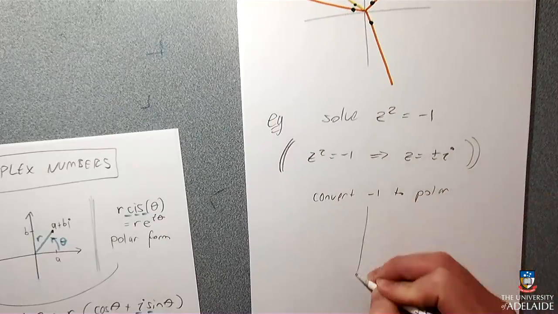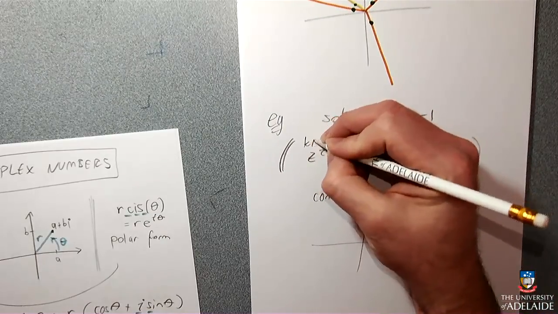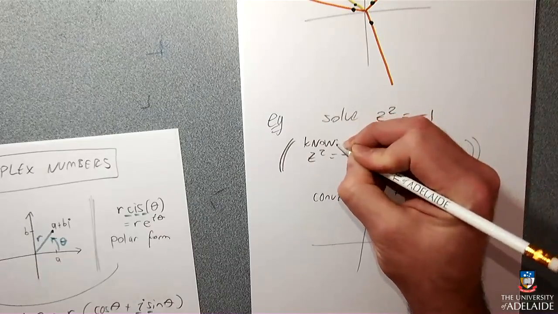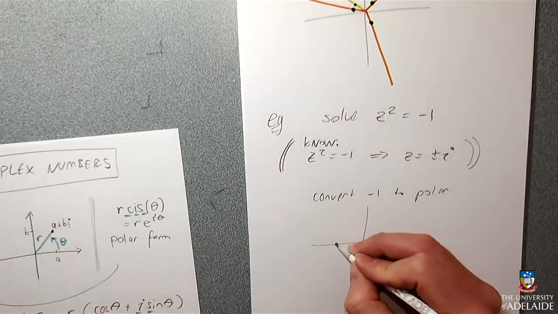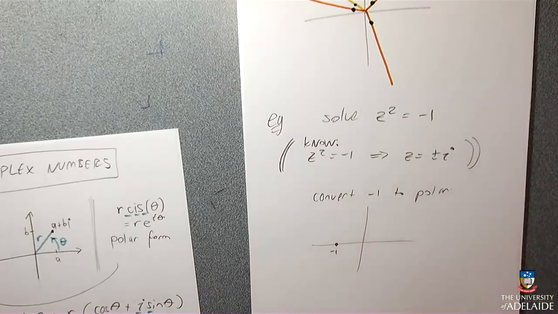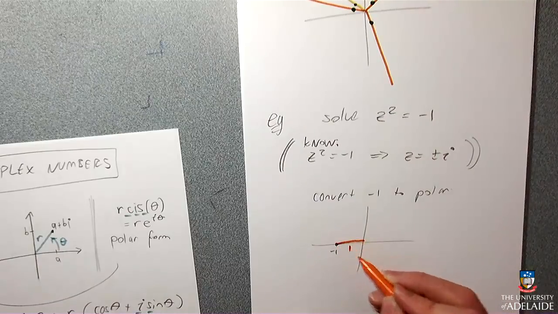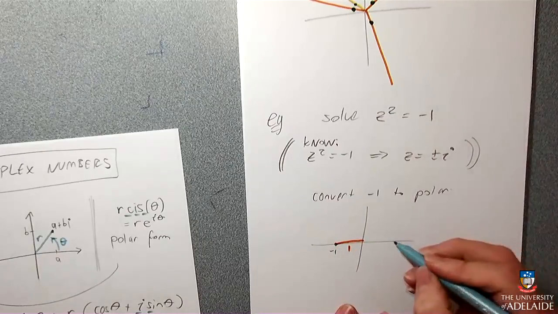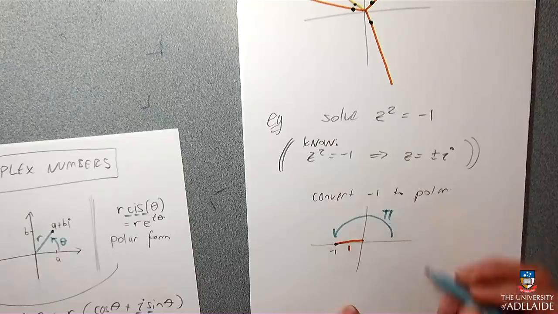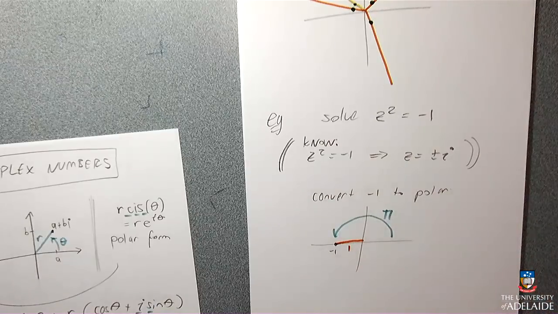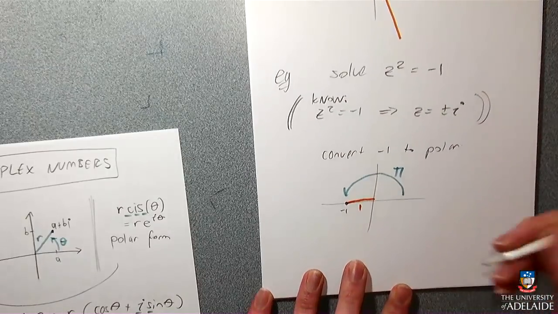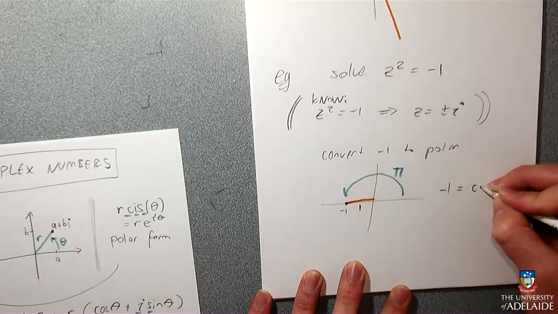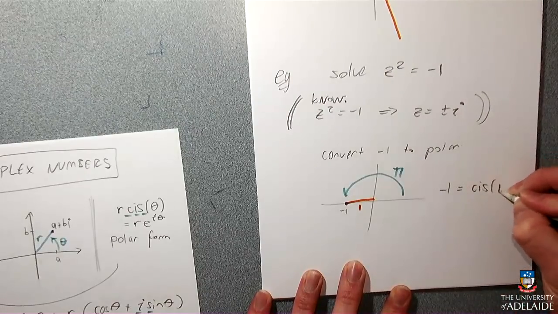Convert minus 1 to polar. So I know this. I know what the answer is going to be. So I can convert minus 1 to polar. So minus 1 is here. So the length is 1. And the angle is pi. That's how you get to that. So we get that minus 1 is 1 cis of pi.